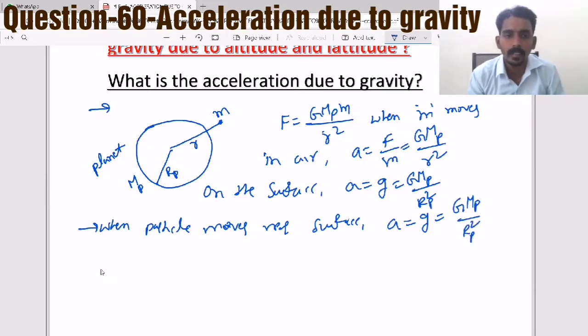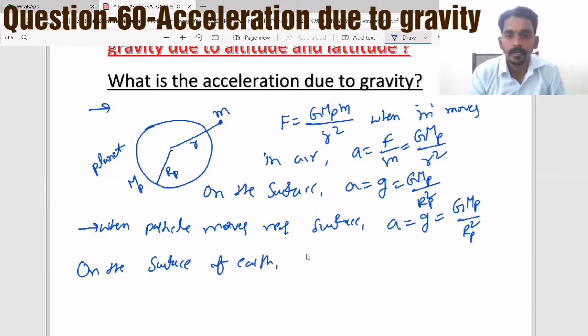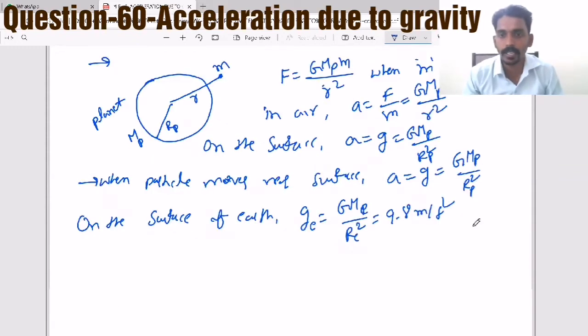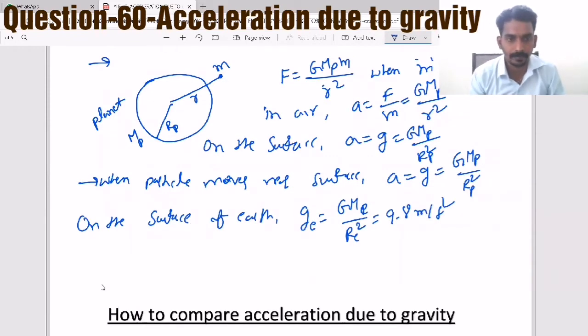Now on the surface of Earth, g equals GMe by Re square, and this value is approximately 9.8 meter per second square.